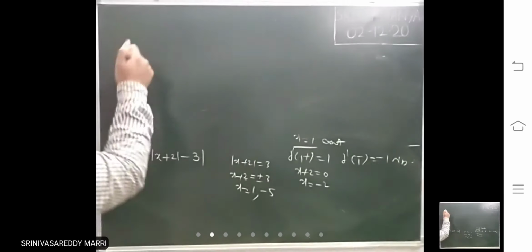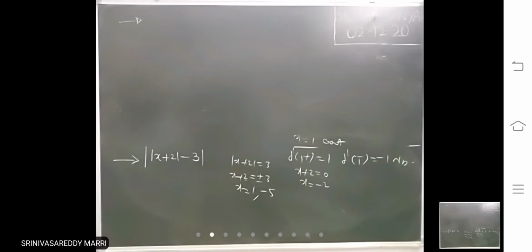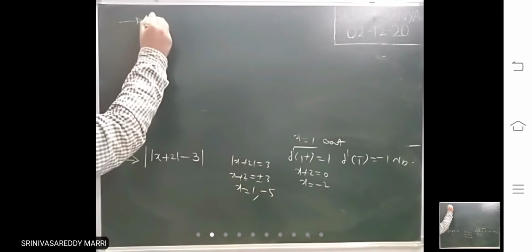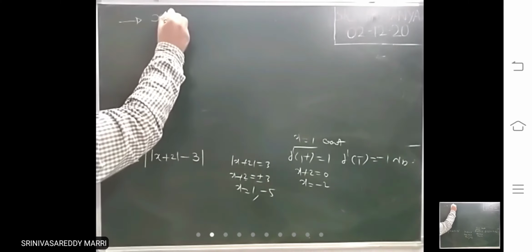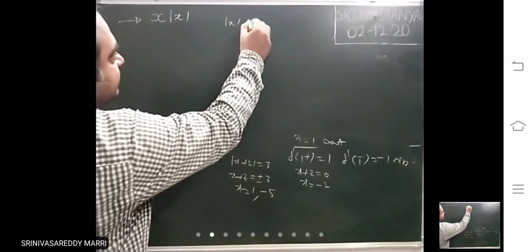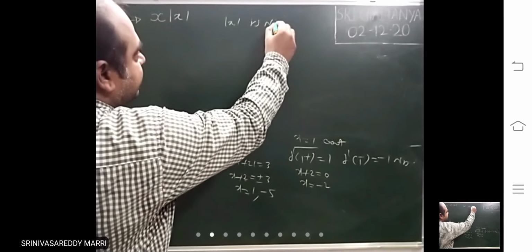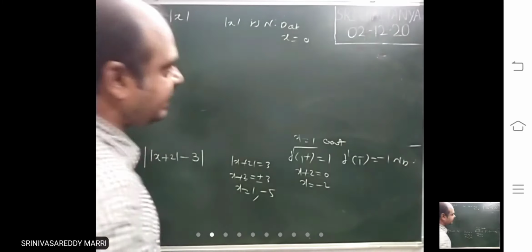Suppose look at here. Suppose if it is like this, see one model. Suppose modulus x term is involved and x into modulus x is there. Modulus x is not differentiable at x equal 0 actually.